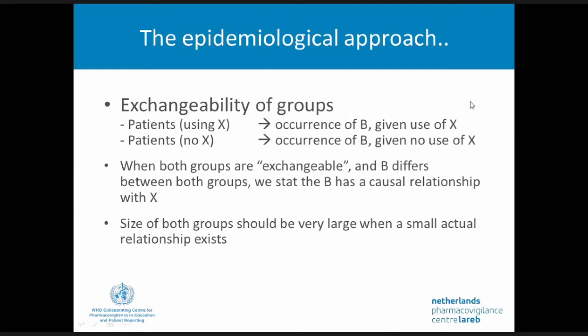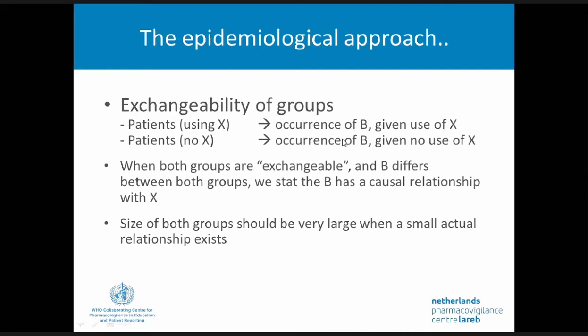That's why I asked you if you've done this concept in research methods, epidemiology, and biostatistics. Then you can have patients who are not using X. Then you want to see, does the adverse event B occur even if somebody is not using X?